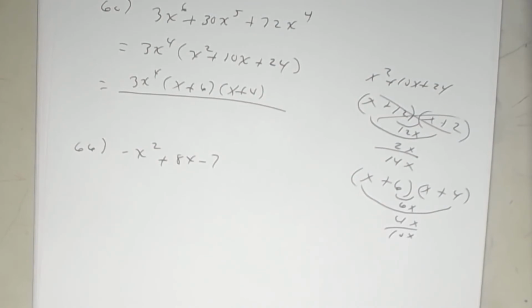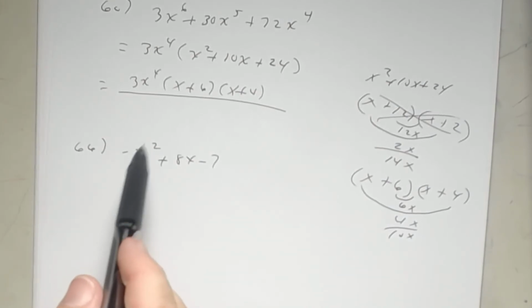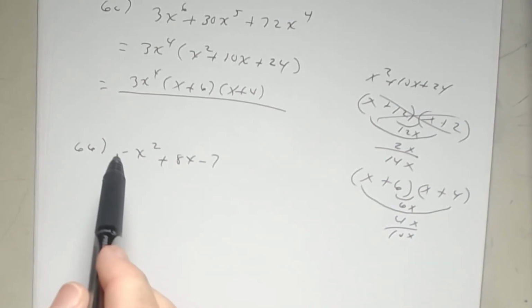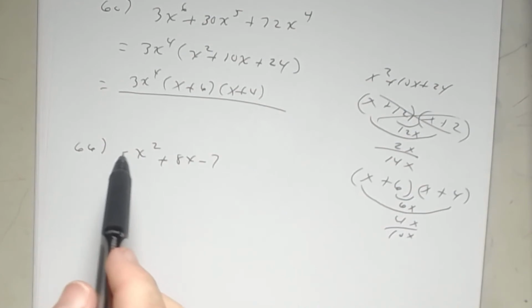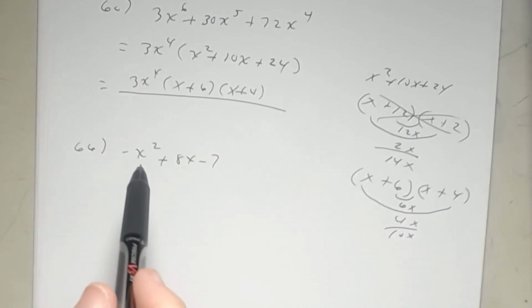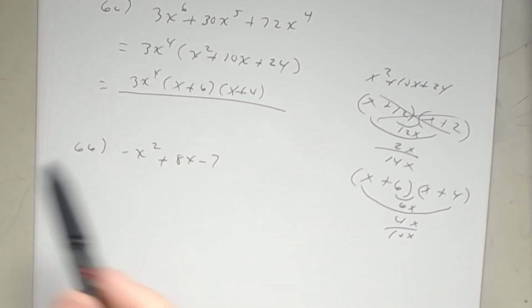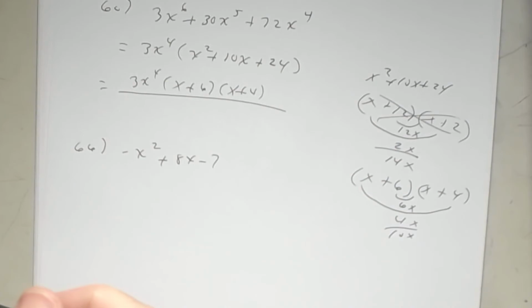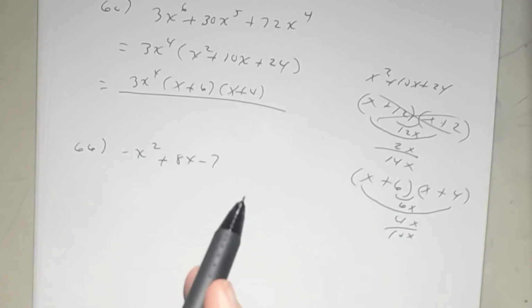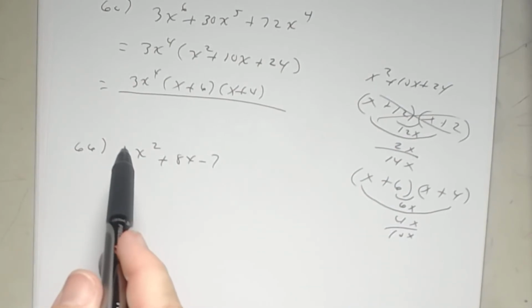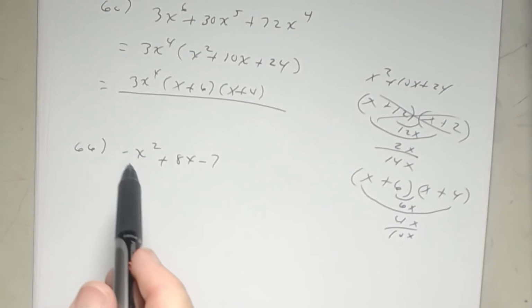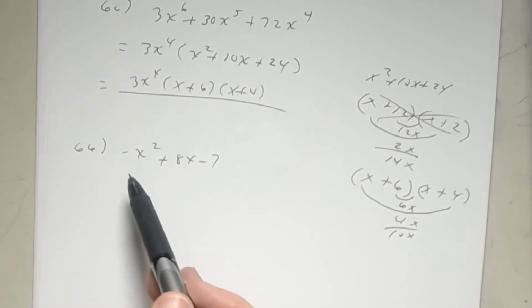When the x squared coefficient is negative, it's always easier to factor if the coefficient is positive. So if it's negative, take out the negative 1 first. Most of the problems you're going to have, the x squared is going to have a positive coefficient. But just in case it was negative, take out the negative 1 first.